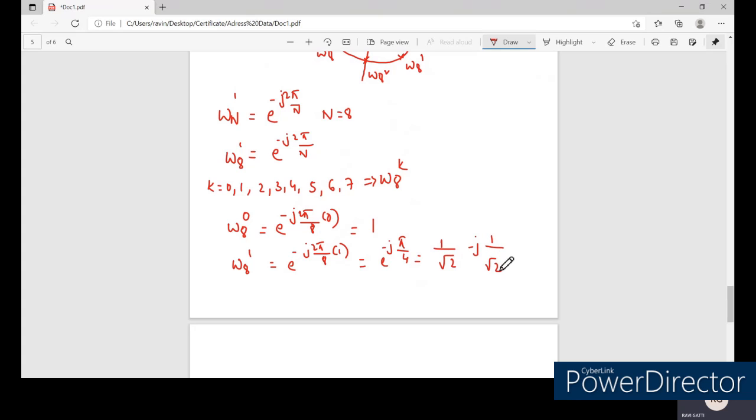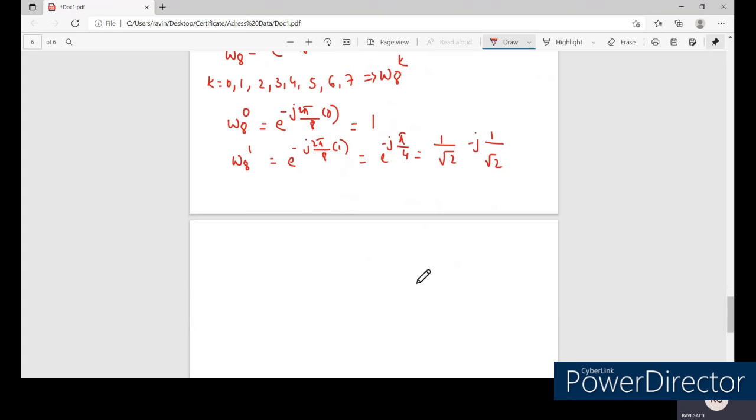Similarly, you go on substituting for omega 8 to the power of 2, which is equal to minus j. And omega 8 to the power of 3 is minus 1 by root 2 minus j 1 by root 2.